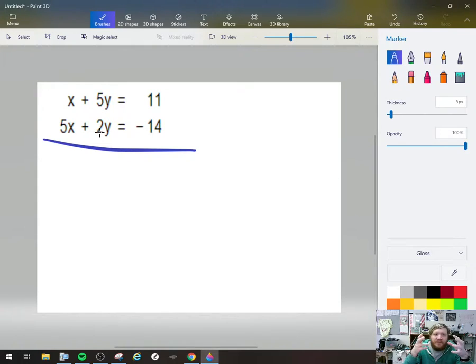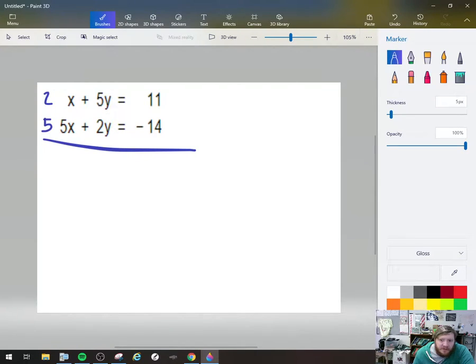So in this way, first I'm going to show you the way that will always work, and then I'll show you a way to think about it if you want to be more efficient. So what we can do is I can multiply the top. I'm going to focus on the y's here. I see a 2 there and I see a 5 there. I'm going to put a 2 up here, and I'm going to put a 5 down here.